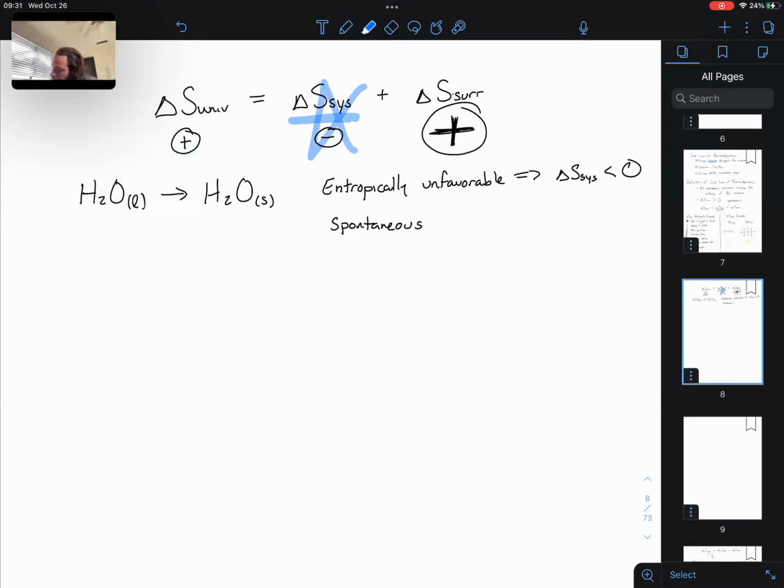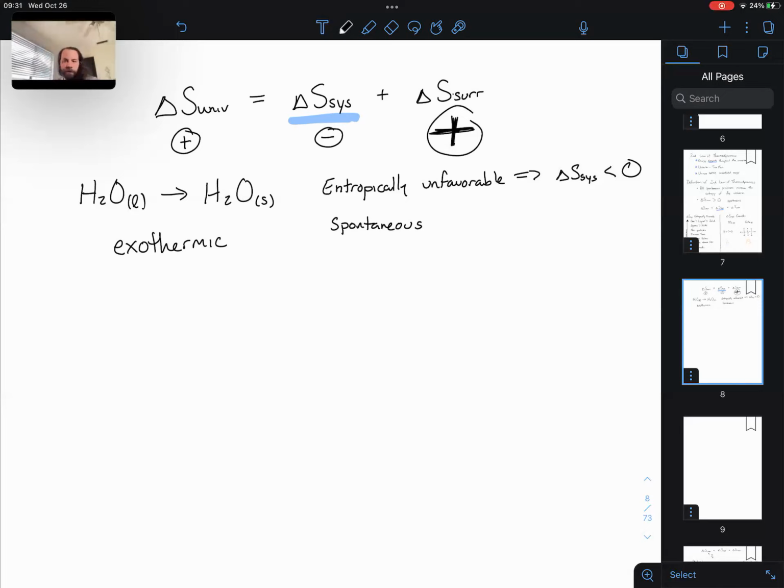And how does that work? It works because these processes that are entropically unfavorable are always going to be exothermic. Liquid freezing into a solid is an exothermic process. There is heat being lost by that liquid to the surroundings, in your freezer where you put it.